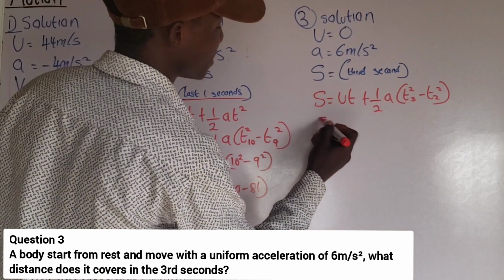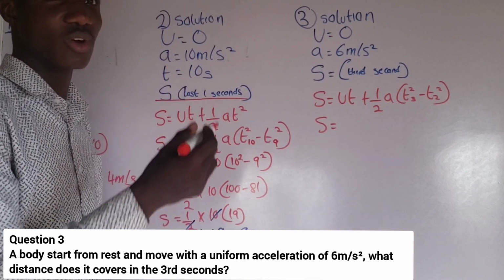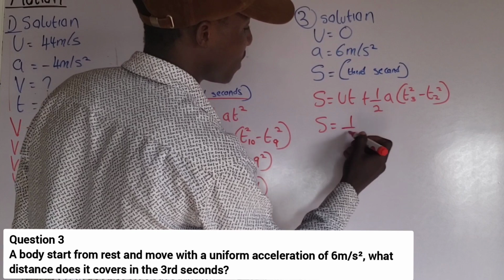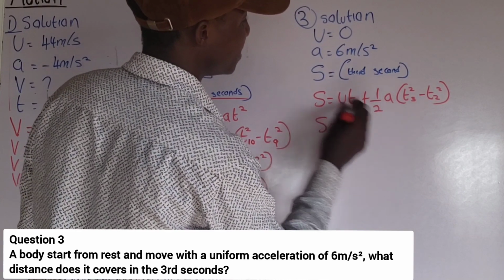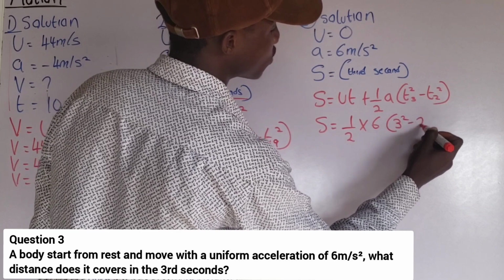Here I'm going to have s equals ut. Since u is 0, that term will be 0. So I'm going to have 1 over 2 multiplied by a. A is 6, so I have 6 into bracket 3 squared minus 2 squared.